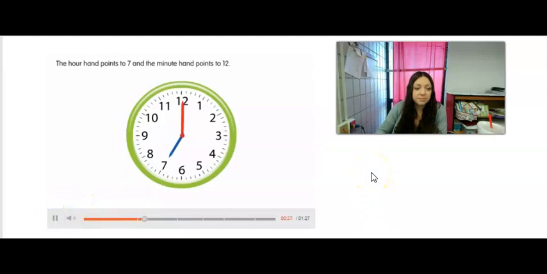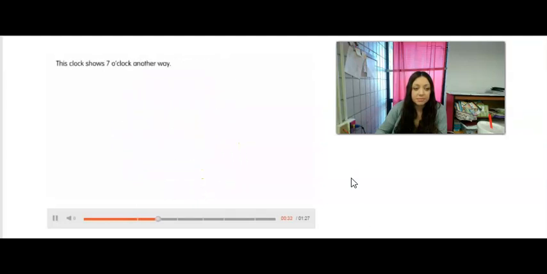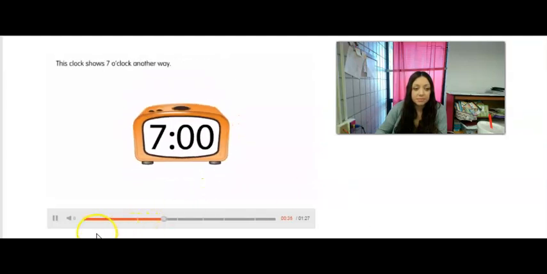The hour hand points to 7, and the minute hand points to 12. This clock shows 7 o'clock another way. What looks different about this kind of clock? Think about it. We talked about it on the front. One difference is that this kind of clock has no hands. What does the number before the 2 dots tell?